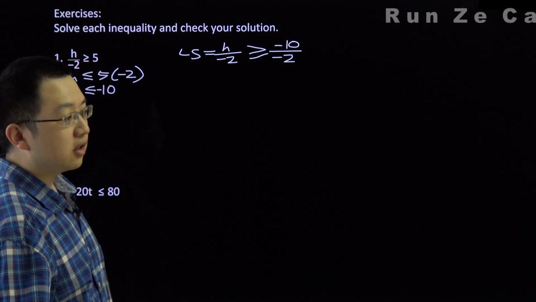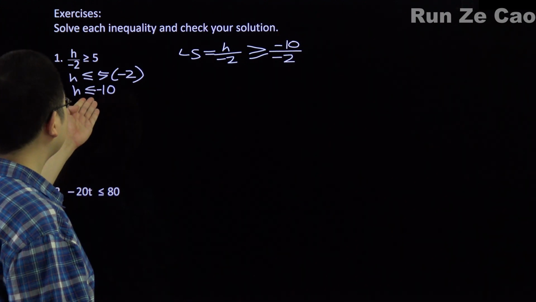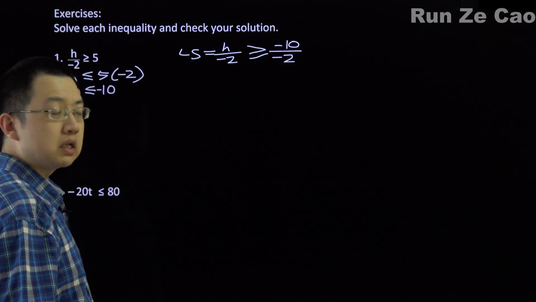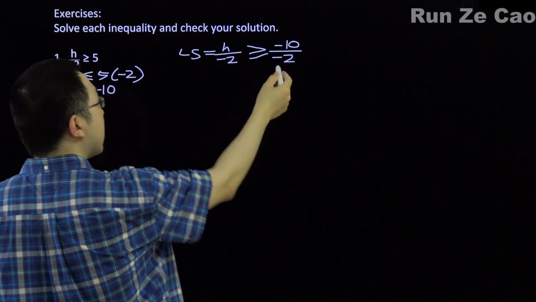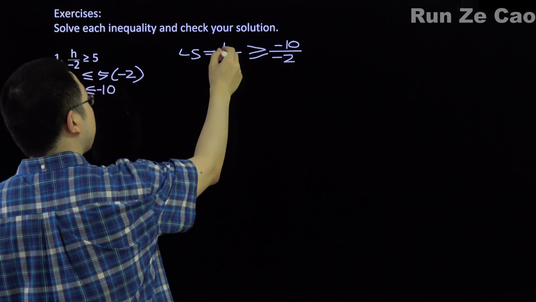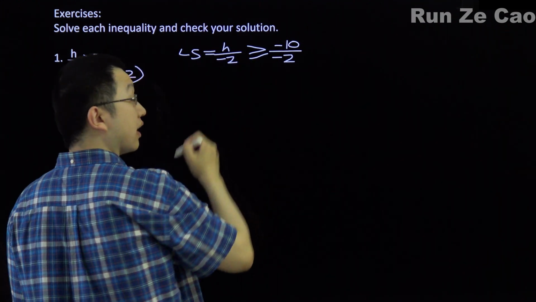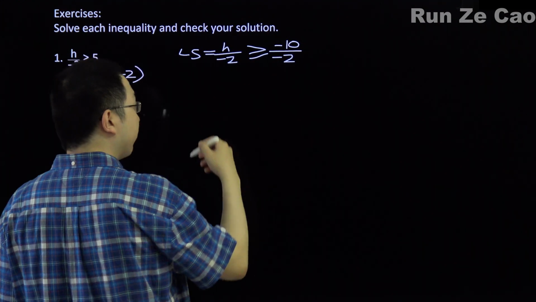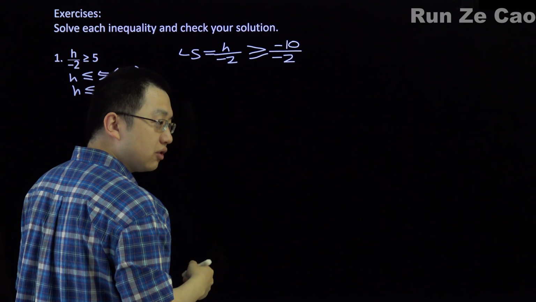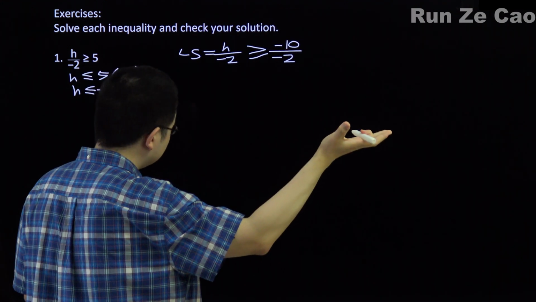If you think about it, this makes sense because you could have, say, negative 12. And then dividing by negative 2, you get 6 instead of 5. That's greater than, right? So if you're ever in doubt of what you just did, you can try some numbers.